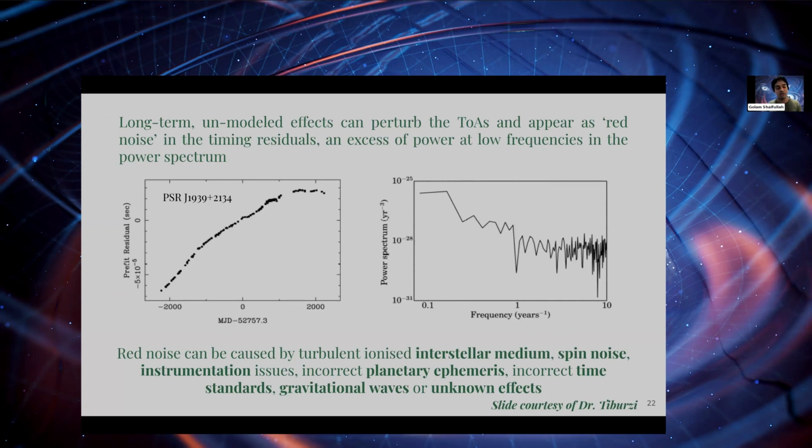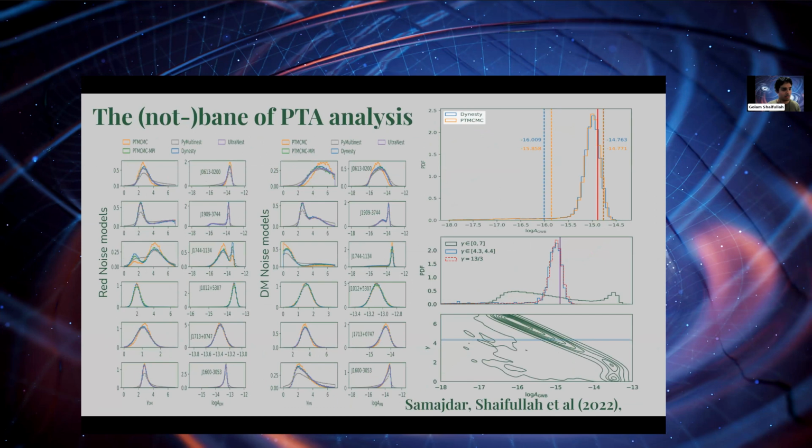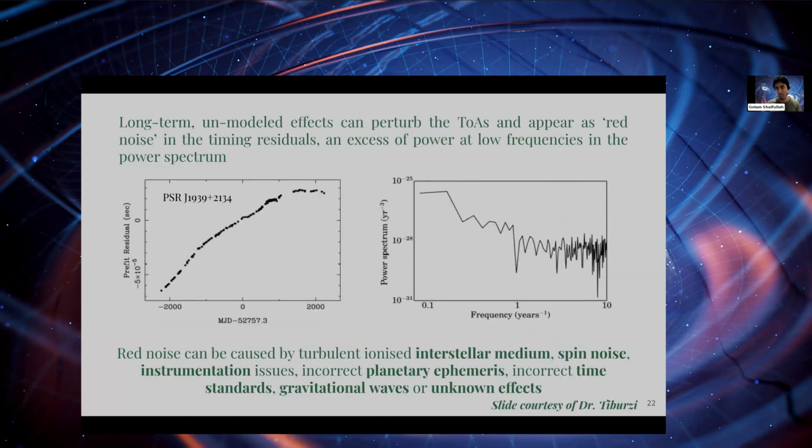We've already talked about the dispersion measure noise, which is what I mean by the turbulent ionized interstellar medium, which also happens to have a frequency-dependent characteristic. But there are a bunch of other features which are not dependent on the observing frequency. Sorry, my slides. Okay, I have dropped a slide somewhere.